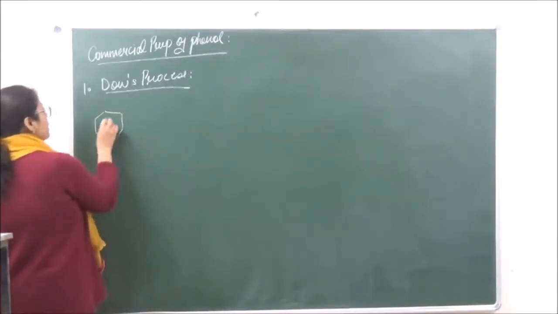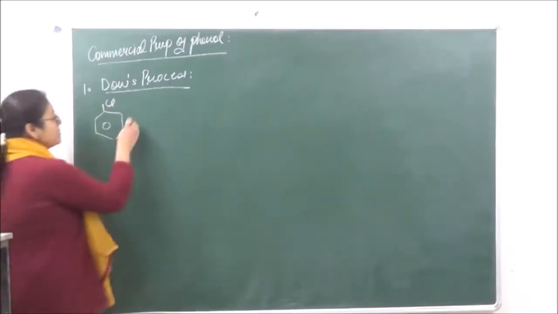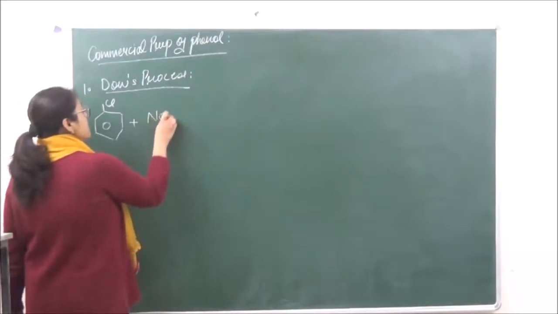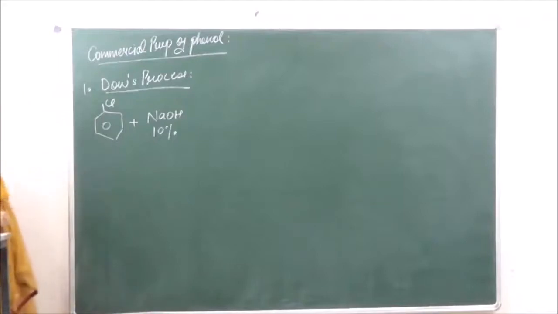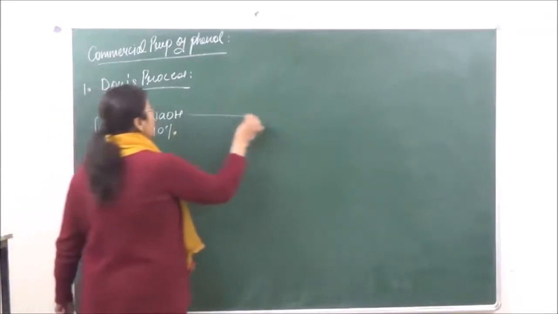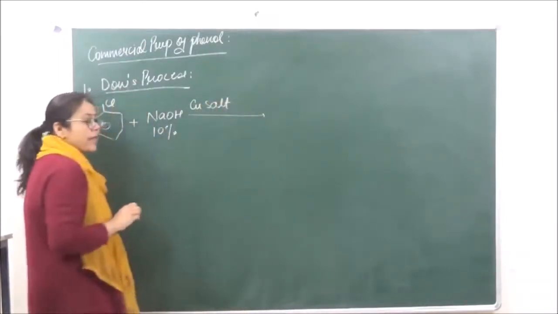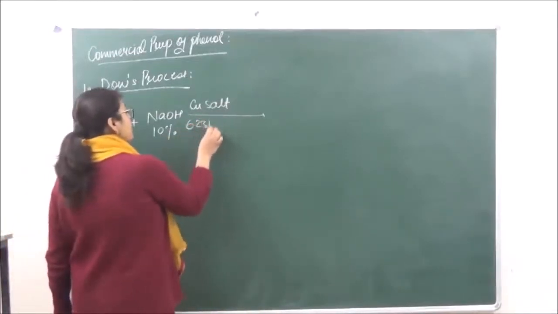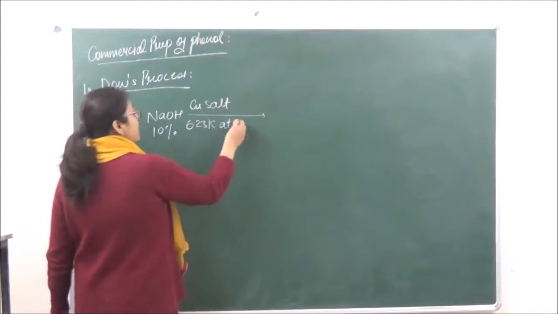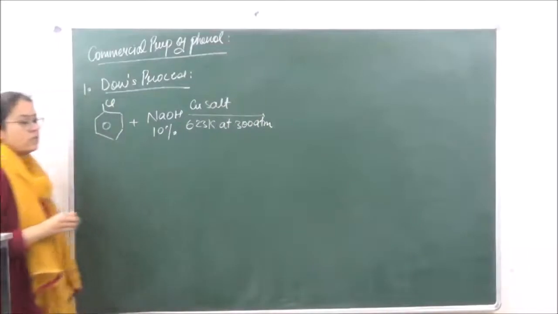We have over here chlorobenzene, right? Plus we are reacting this with 10% solution of NaOH. Okay, and we are going to take a catalyst which is a copper salt. The reaction takes place at approximately 623 Kelvin and at a pressure of 300 atmospheres.